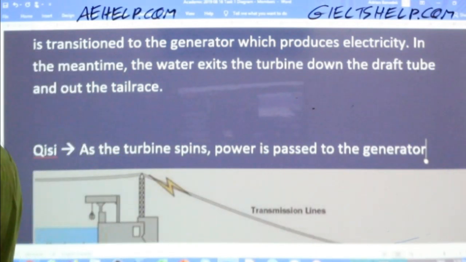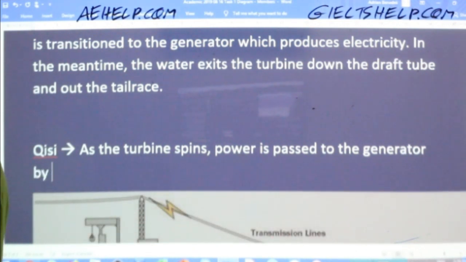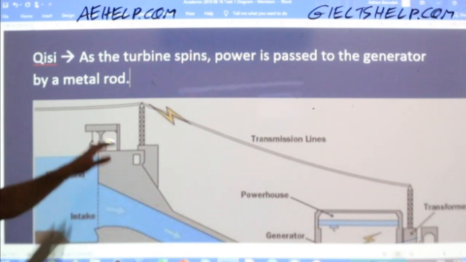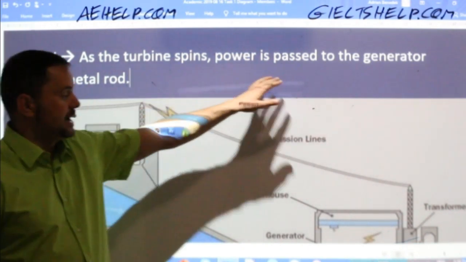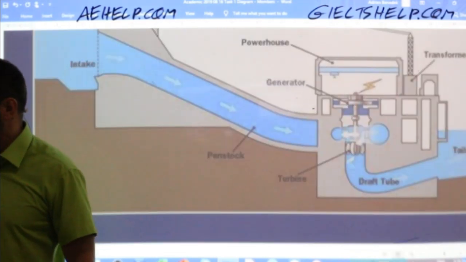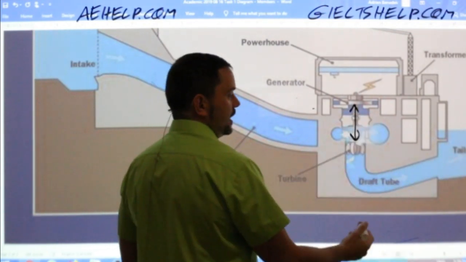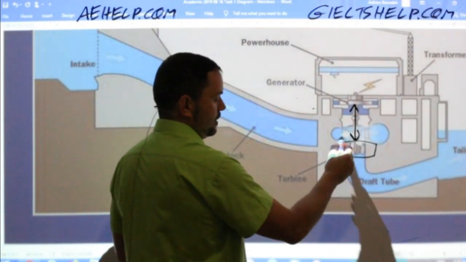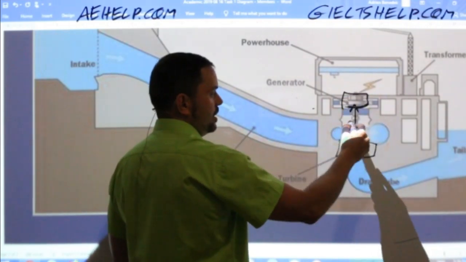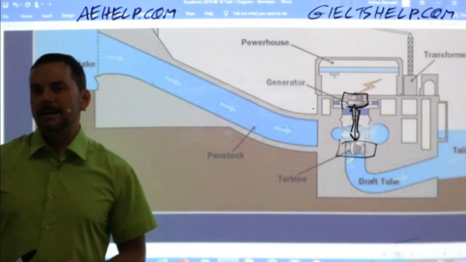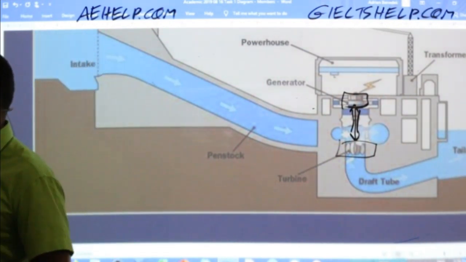I would say as the turbine spins, power is passed to the generator by a metal rod. Okay, if I wanted to name the actual agent of that action of passing the power, it would be a metal rod, Kesey, which is specifically this metal rod here. Okay, so here's your turbine, here is your generator, and here you have this metal rod that's passing the power. So there you would need a passive voice to be on the safe side.